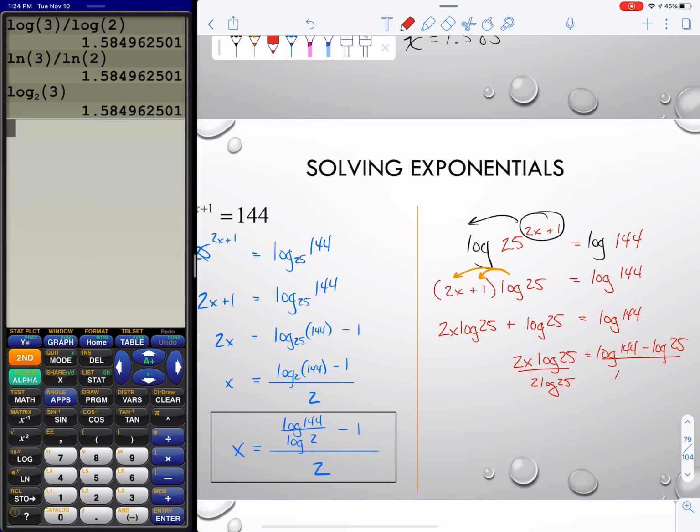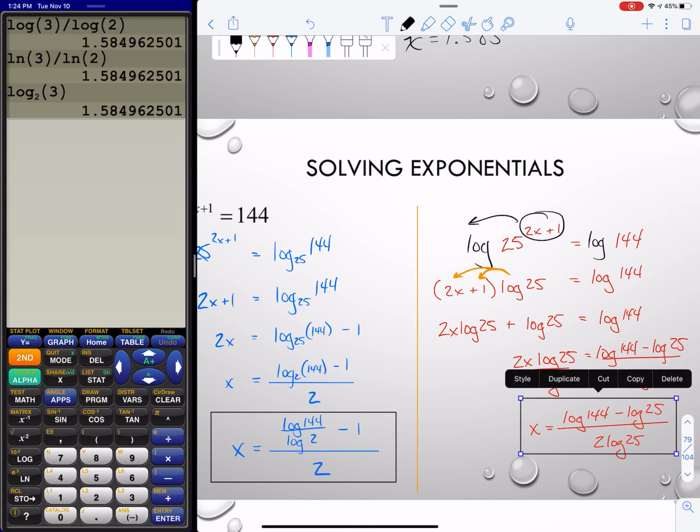I'm going to divide the entire side by that quantity. And what we're left with then is x equals log of 144 minus log of 25, all divided by 2 log of 25. This is also a final exact answer for this problem.